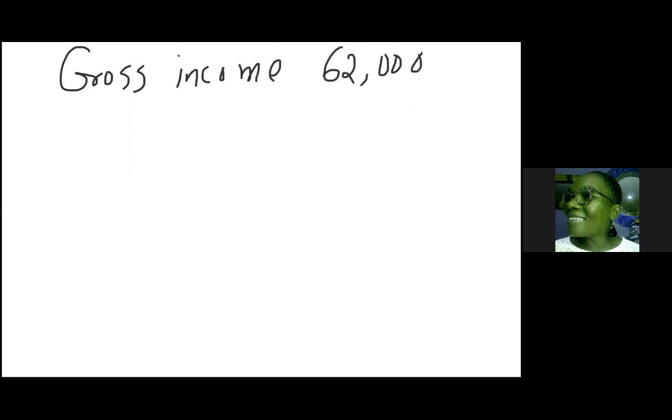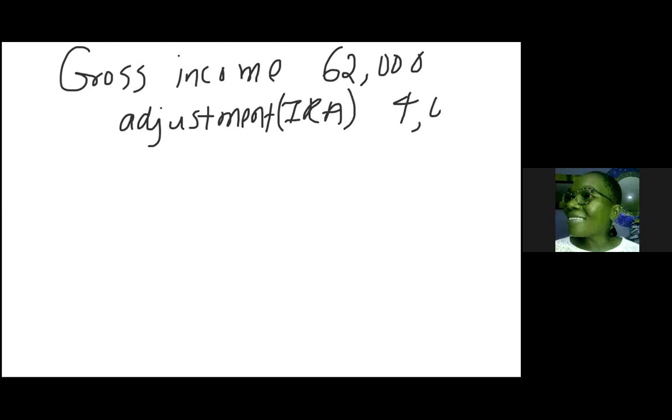So on this one, guys, it says the gross income for this individual, gross income is $62,000. This person has an adjustment, and the adjustment is an IRA. He put $4,000 towards the IRA.